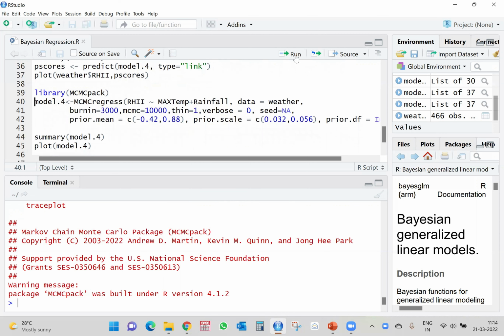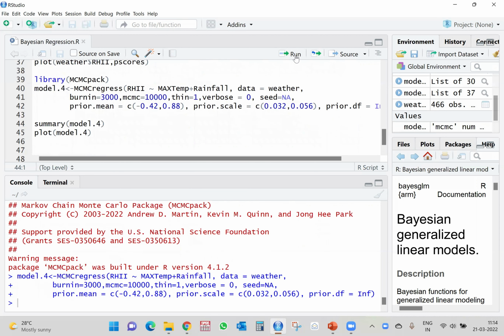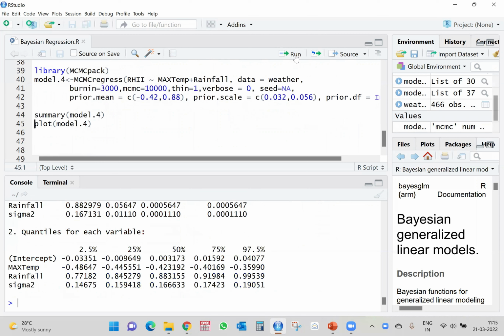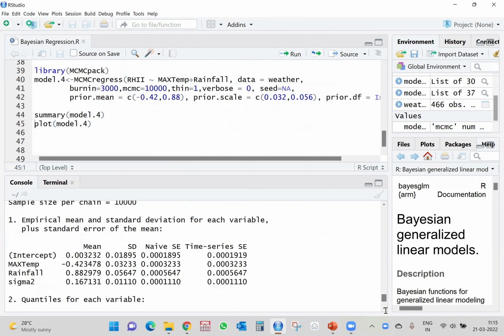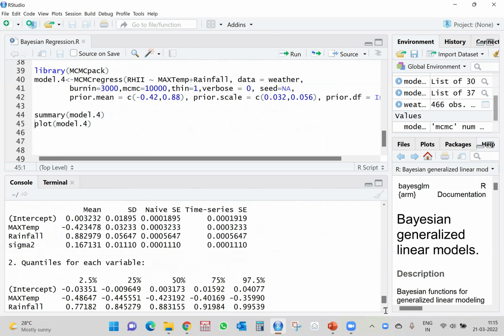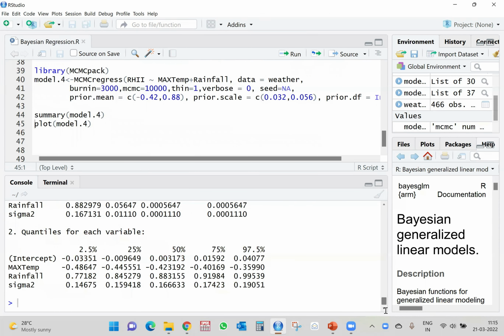So we can try that and get the summary. Here, there is not much change in the regression coefficient, but the advantage is that through MCMC, we are getting the posterior distribution, and we can set up the credible interval.